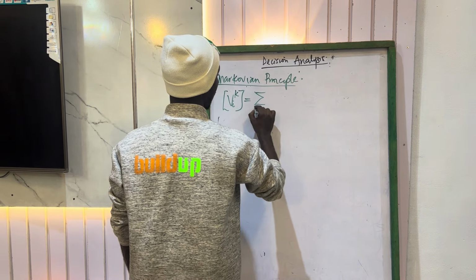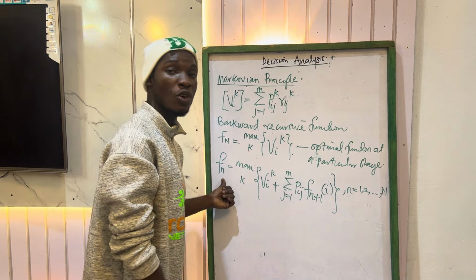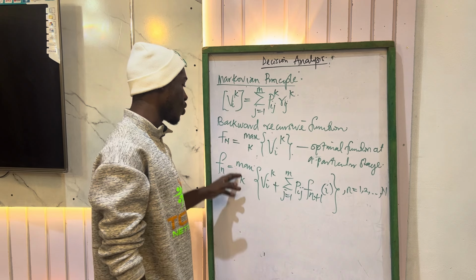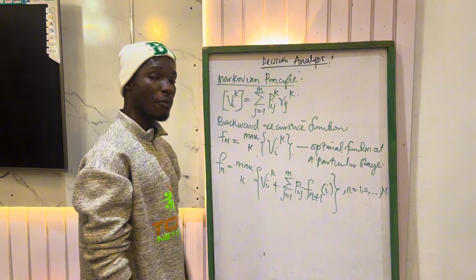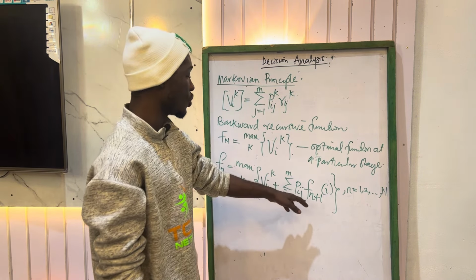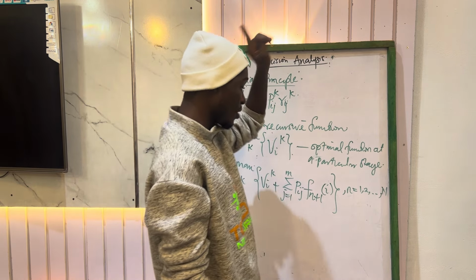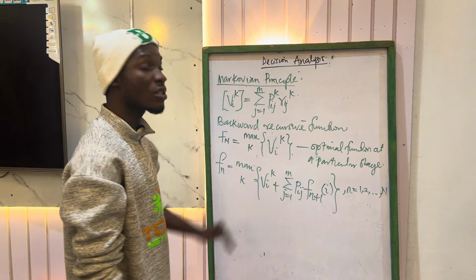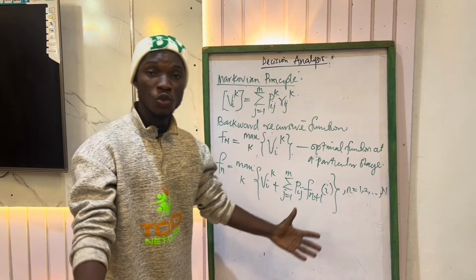After you find the max, for you to iterate, because you are going to iterate to your desired solution where you are going to get the maximum solution, then to get the optimal solution of the next stage, you're going to use fn equals max over K of Vik plus summation from j equals 1 to M of the probability Pij, then the function f n plus 1 of j, which is the optimal function of the previous stage you got. So this is everything about Markovian. If you know all this formula, then you are good to go.